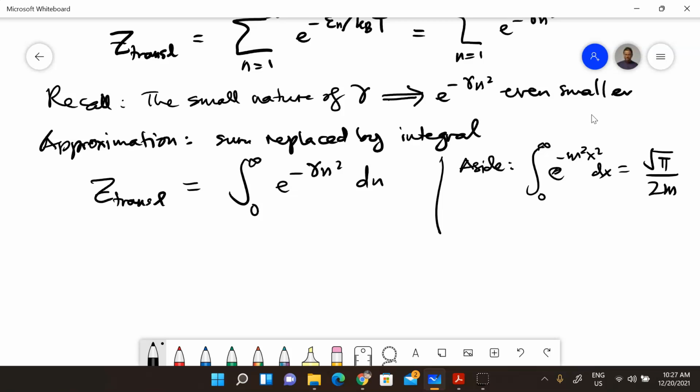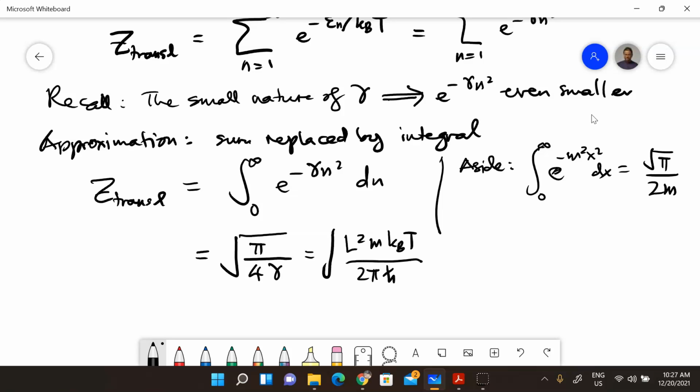So we use this formula to get the answer, and this would actually give you root pi over 4 gamma. Putting back your definition of gamma, that gives you L squared m kBT divided by 2 pi h bar squared, all to the half.